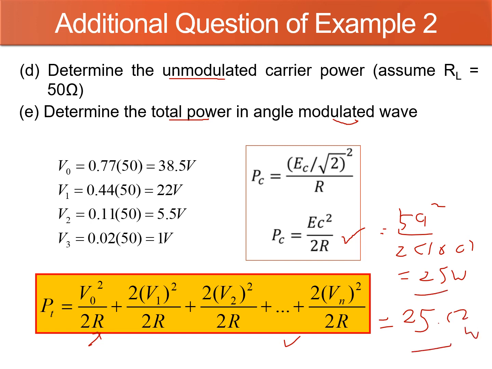As you can see, the difference between these two answers is 0.12. It is slightly similar to the unmodulated carrier because of the property of the Bessel function.